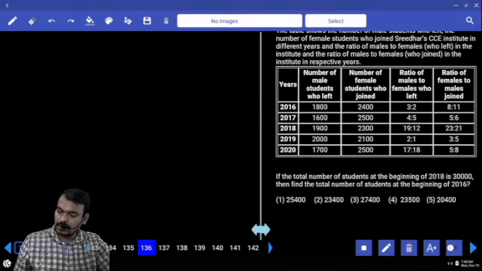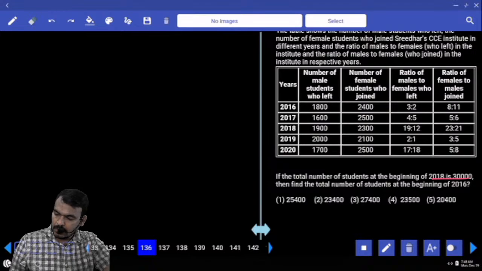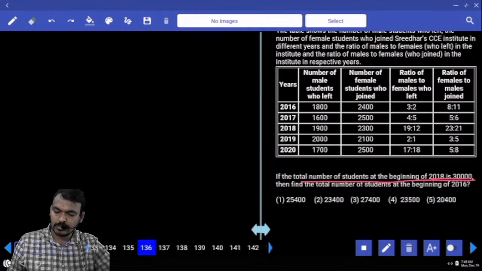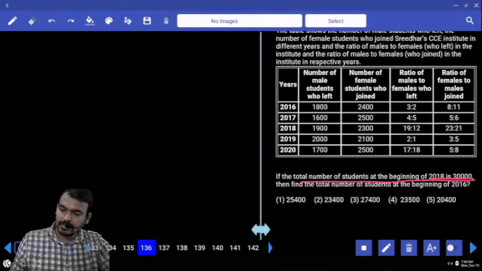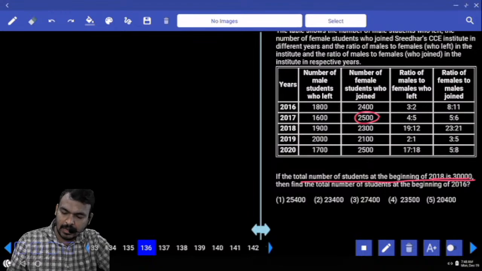Reverse are taken. What is the 2018 value? 30,000. Out of total number of students at the beginning of 2018 is how much? 30,000. That 30,000 represents after adding 2,500 and after subtracting 1,600.